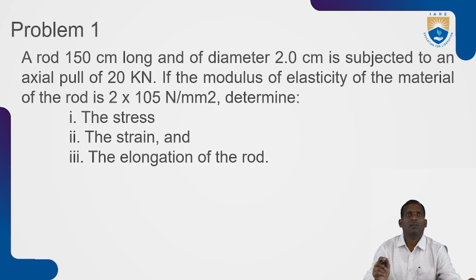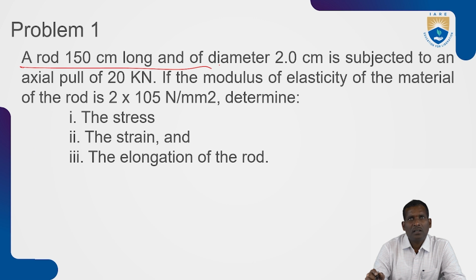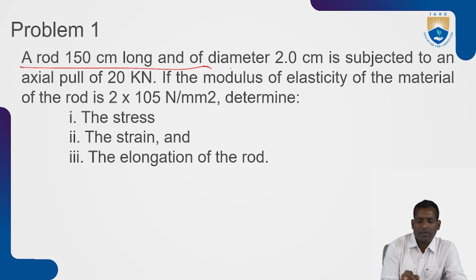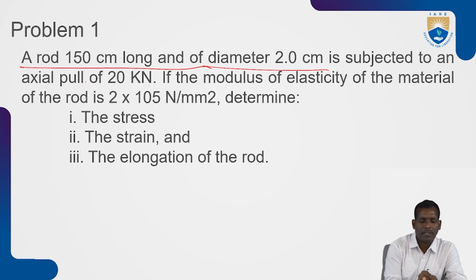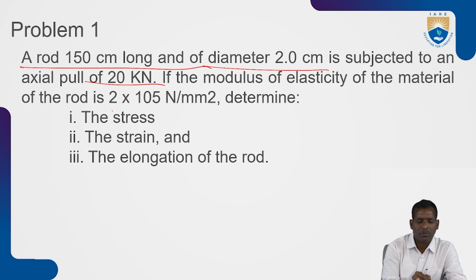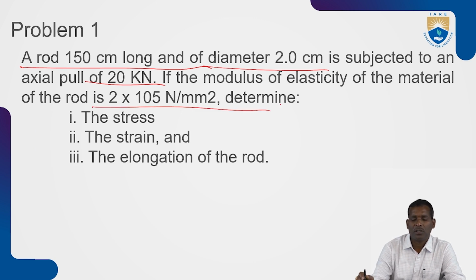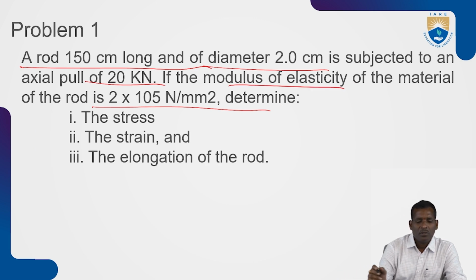Here one simple problem we will see. A rod 150 centimeter long and diameter 2.0 centimeter is subjected to an axial pull of 20 kilonewtons. If the modulus of elasticity of the material of the rod is 2 into 10 to the power 5 Newton per mm square, determine the stress, strain, and elongation.